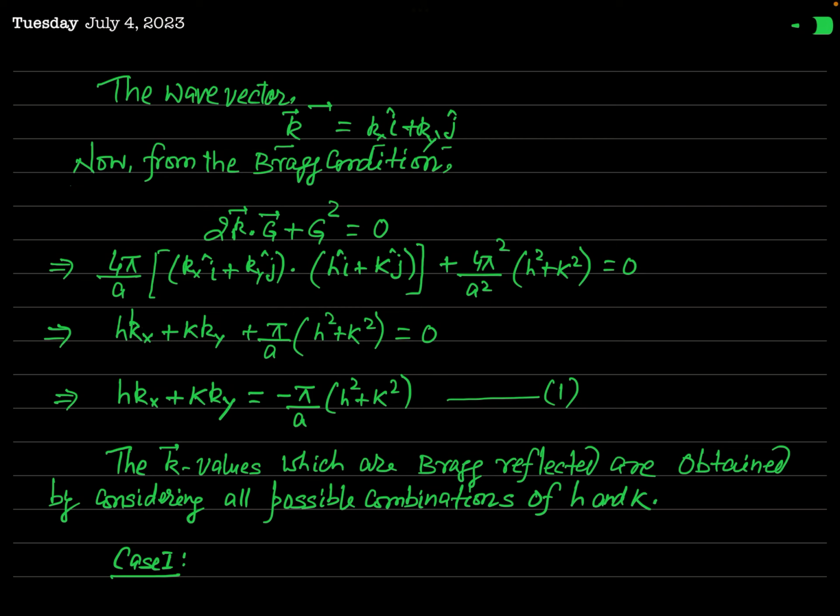You know that this Bragg's condition says that 2 kappa dot G plus G square is equal to 0. And you can see we have just defined the two vectors kappa and G. So let us substitute the values of kappa and G here, and after putting their values, what will be our result? You can easily see.